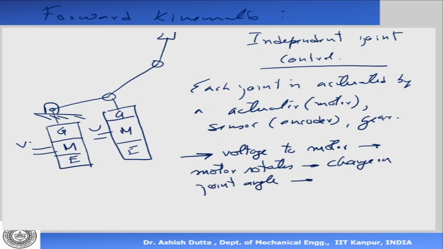So voltage V, motor rotates, change in joint angle theta. This is my theta 1, this is my theta 2, this is my theta 3. So when there is a change in my joint angle, what will happen? The end effector coordinate will change.